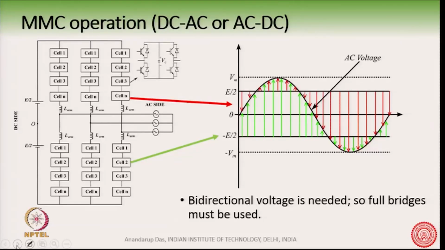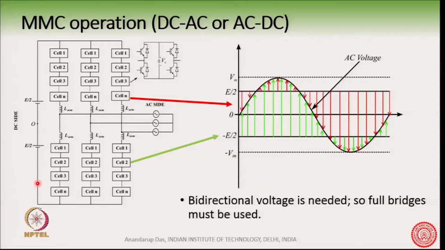For example, if the MMC is used as a rectifier and due to some disturbance on the DC side, the DC voltage has been reduced.